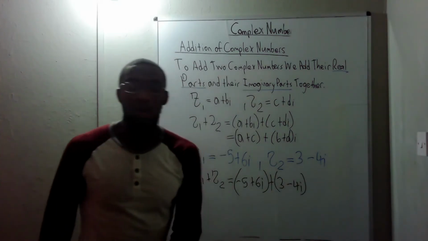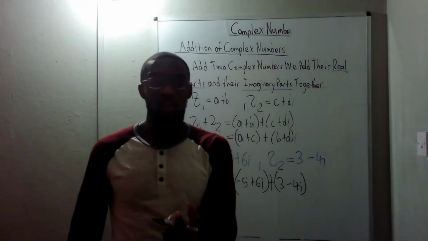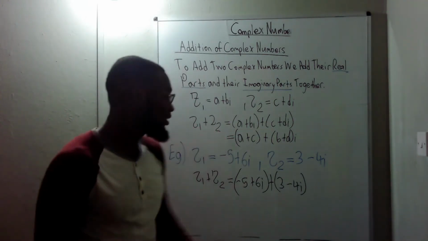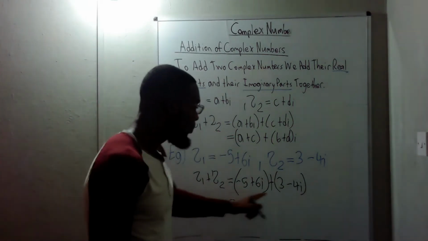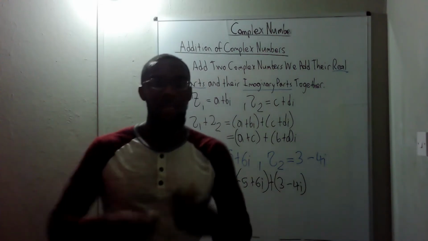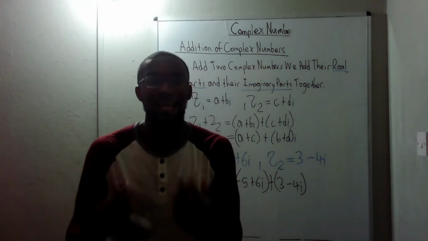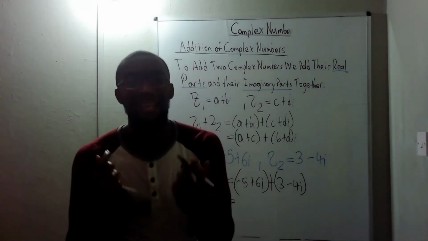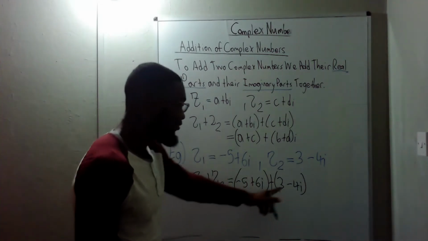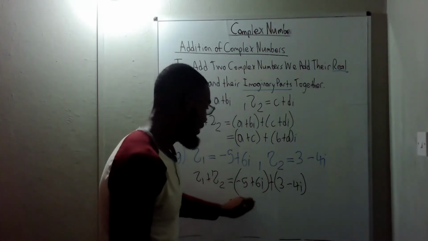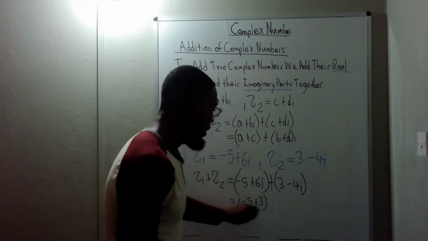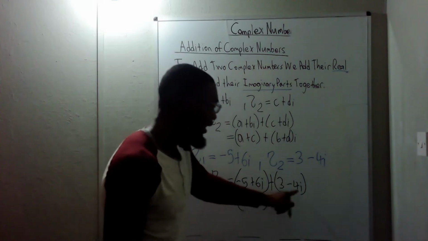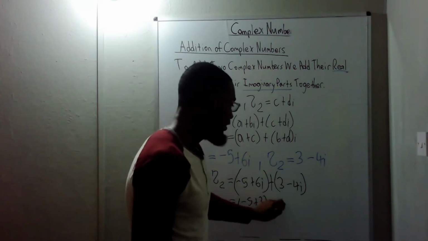Now, in the same way we do addition with algebraic terms is the same way we add complex numbers. We add the number parts together. In algebra, they tell us to add like terms. It's the same way, we're just adding like terms. Negative 5 plus 3, plus we'll add 6i plus minus 4i.